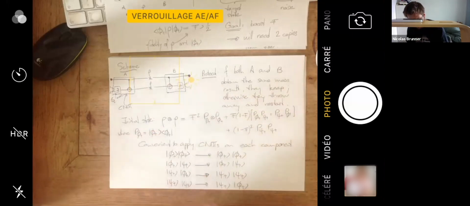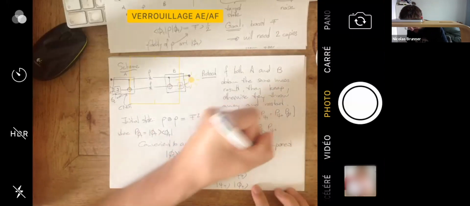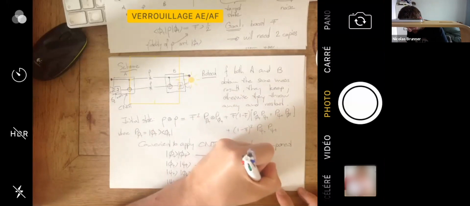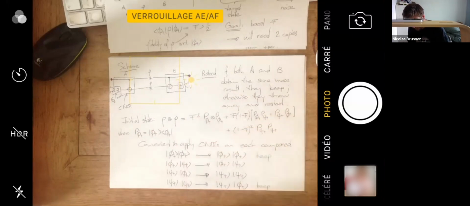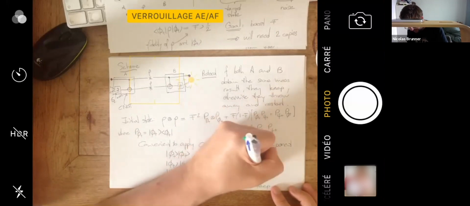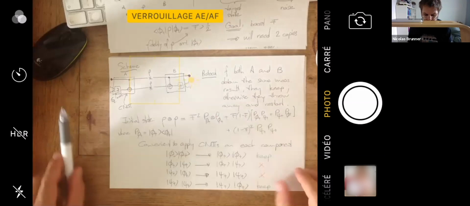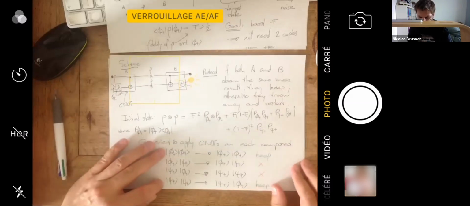So here is how it goes. This I keep. Okay, the last term here I keep as well, but this here I throw away and this I throw away. Okay, so out of my 4 terms, I will actually keep only 2.